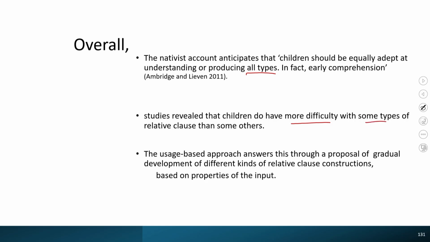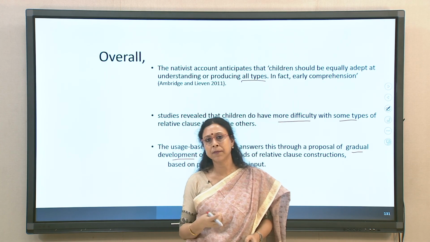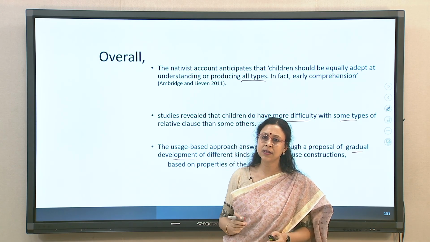The usage based account, like in many other domains, has tried to answer this through gradual development. So, the main point of the usage based account is the gradual development of relative clause constructions, like many other constructions, starting with simpler ones and gradually going to the more complex ones. Based on the properties of the input, they go from simpler to more complex structures, but that is the gist.